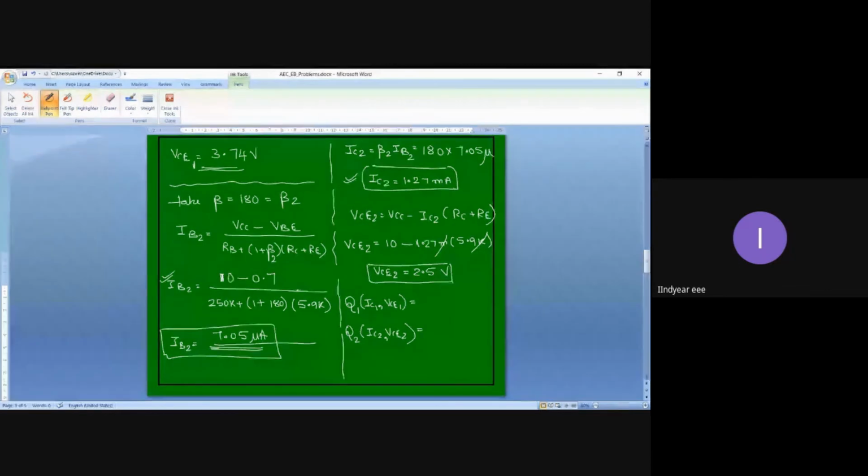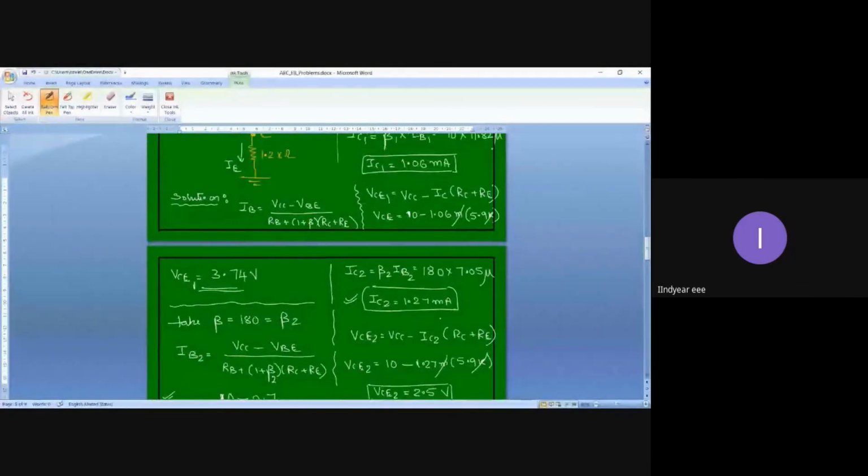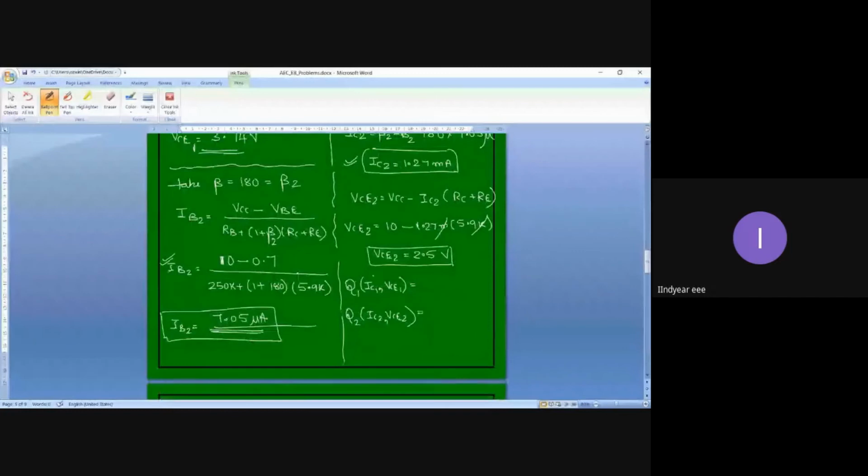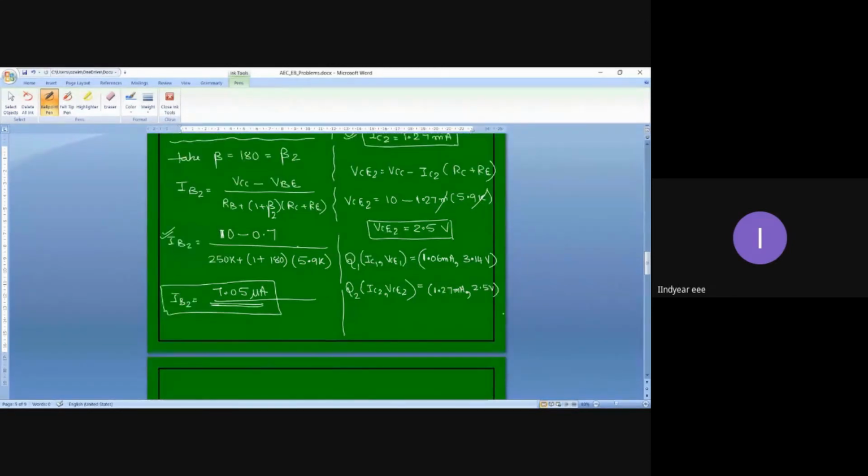IC1 is 1.06 milliampere, VCE1 is 3.14. And then IC2 is 1.27 milli, VCE2 is 2.5.